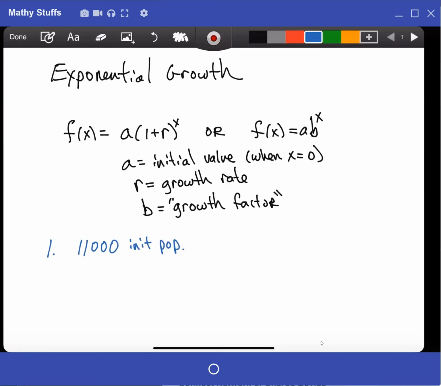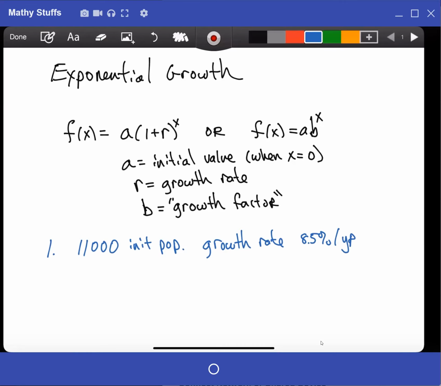And it grows by 8.5% each year. So the growth rate, and that's usually going to be in percents, is 8.5% per year. Write an exponential model for the population.